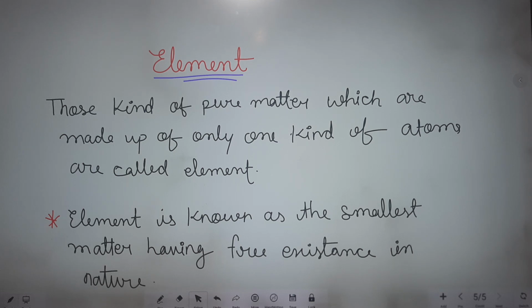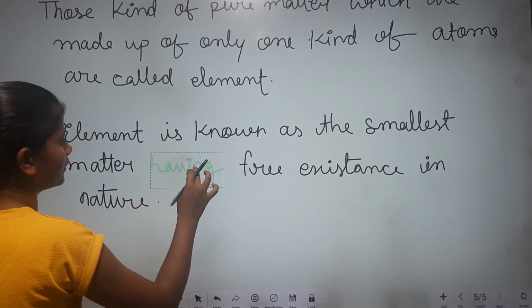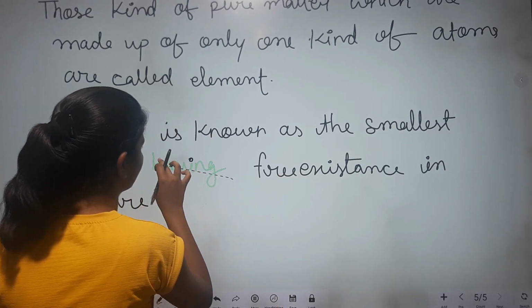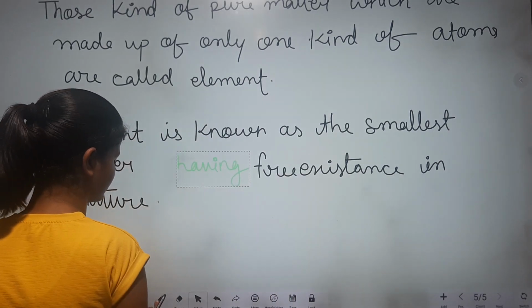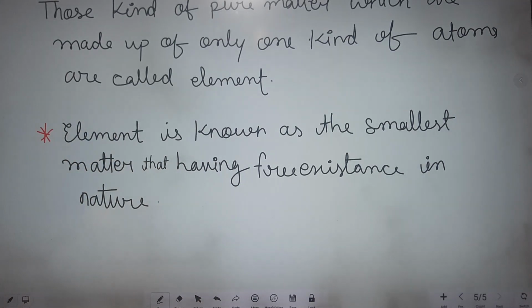And here is a point related to element, that element is known as the smallest matter that having free existence in nature. And now let's see the classification of element.